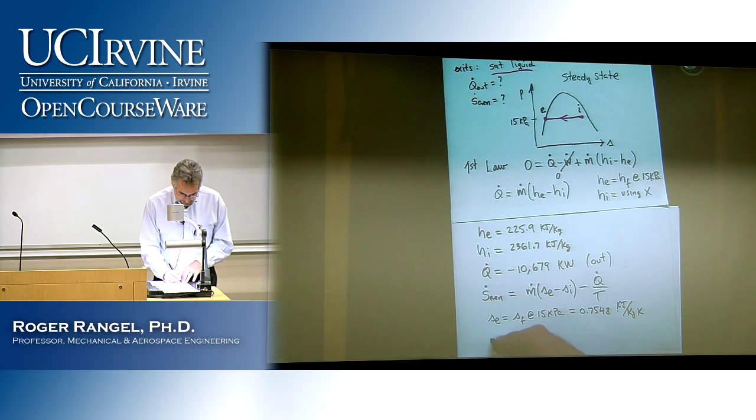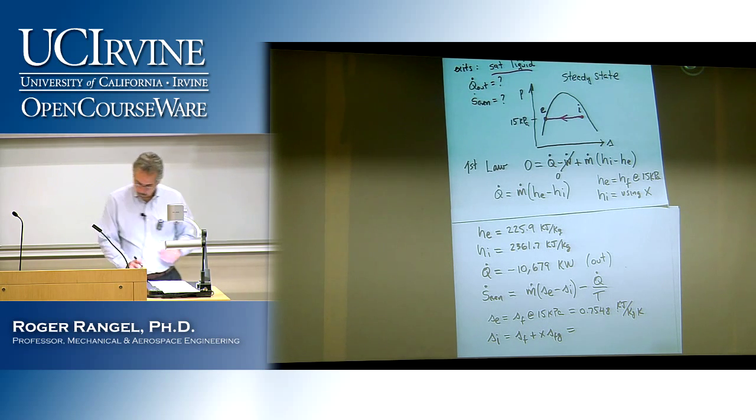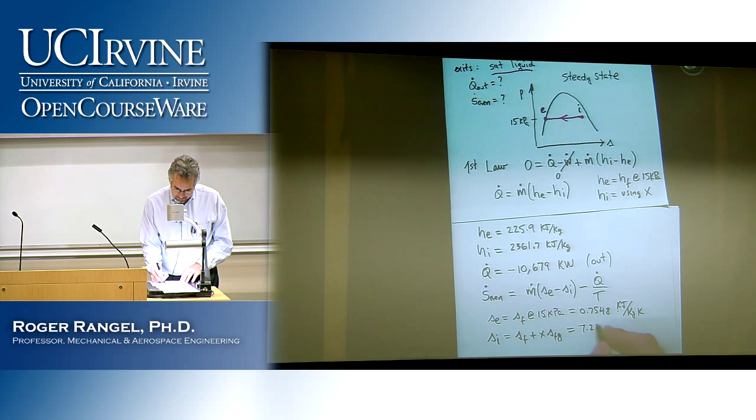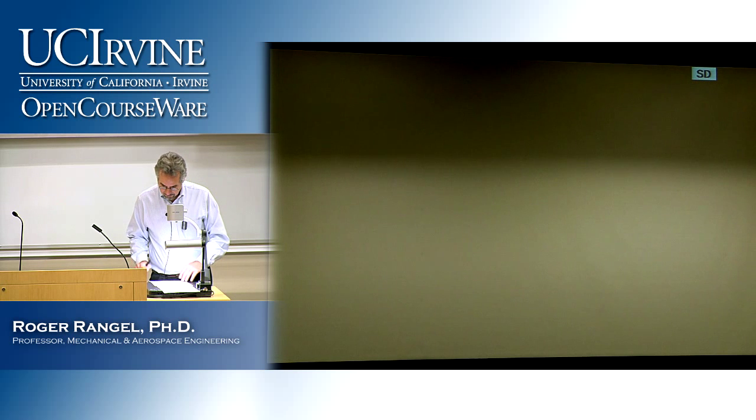And the S sub I, using the quality, is Sf plus x Sfg, also at 15 kilopascals. And that is 7.283 kilojoules. Oops. I did this once, didn't I?